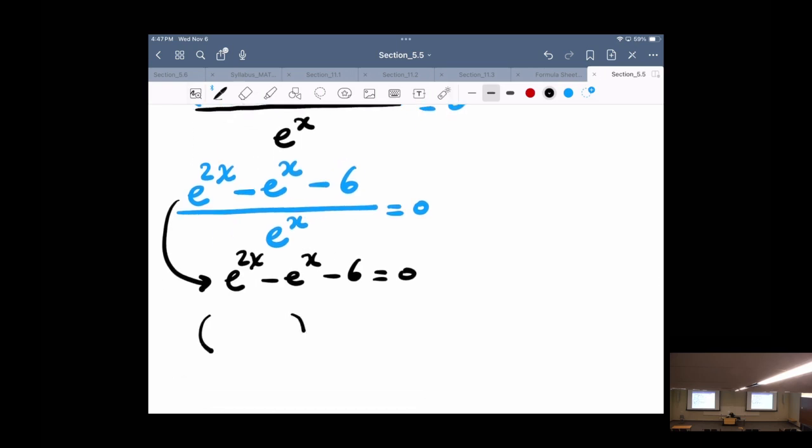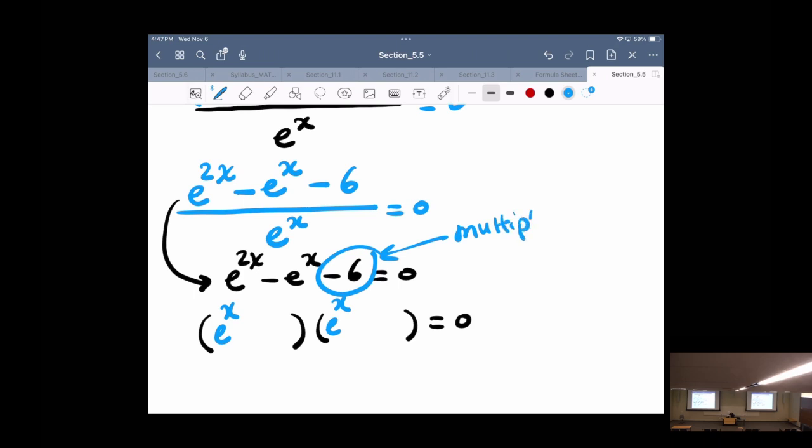Fortunately, in this case, this expression is easily factorable. You can say that e to the x here, e to the x here, then we're looking for two numbers such that they multiply to negative 6 and they add to minus 1.